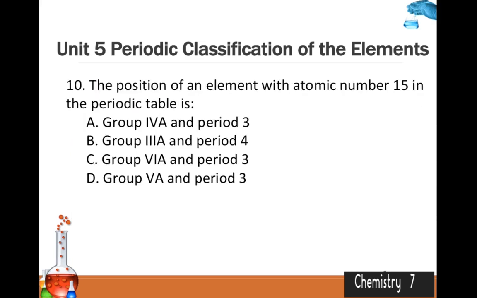The position of an element with atomic number 15 in the periodic table is Group IIIA in period 3, Group IIIA in period 4, Group VIIA in period 3, or Group VIIA in period 2?